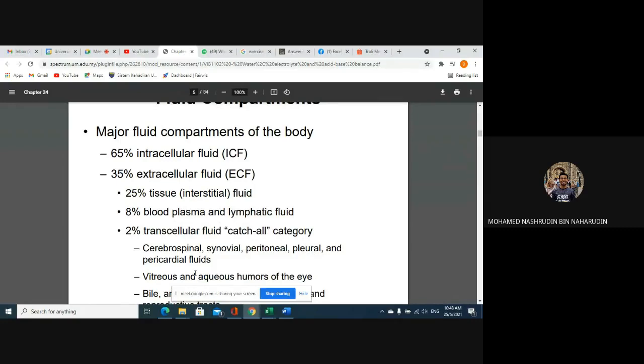Pericardial fluid also surrounds the organs. This mainly surrounds the organ, inside the joint, the synovial joint, same goes with cerebrospinal.